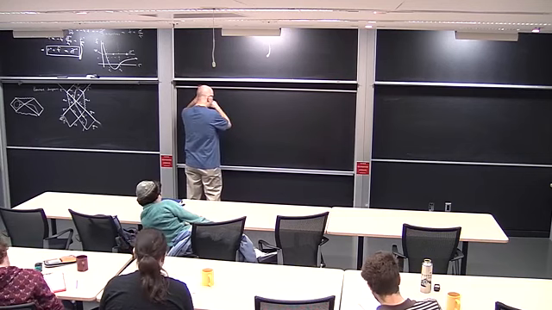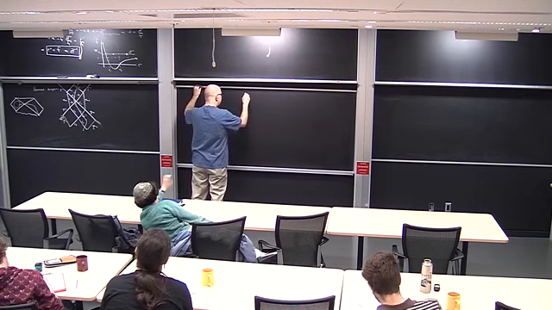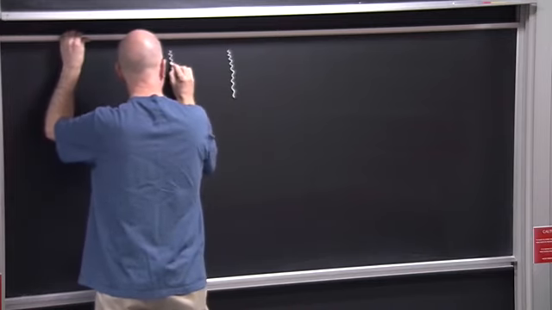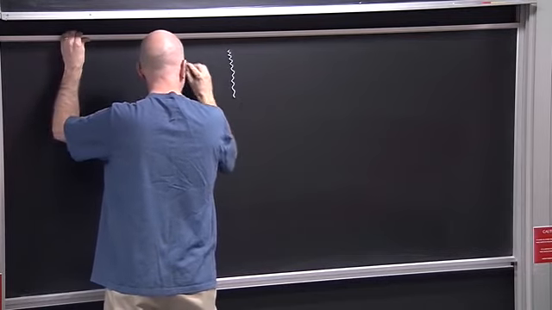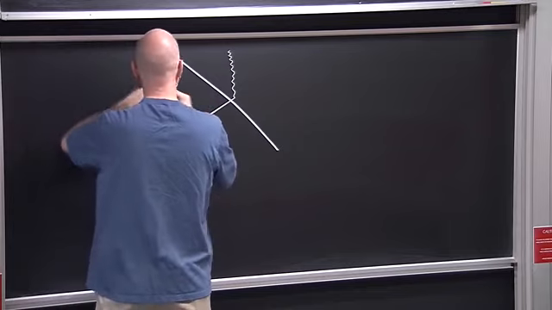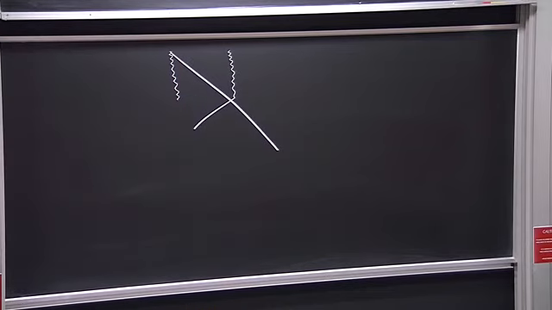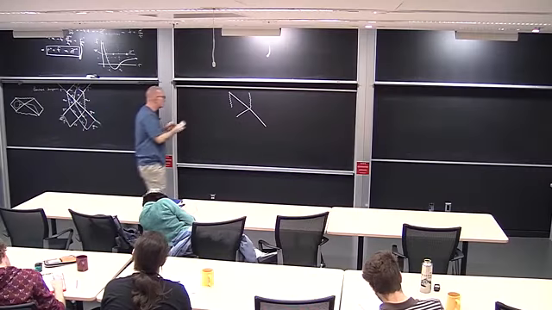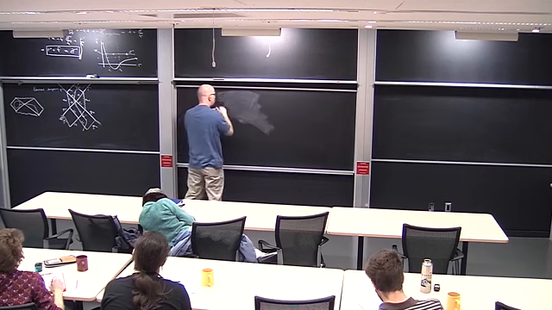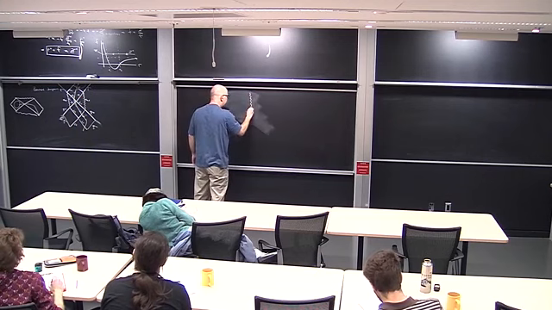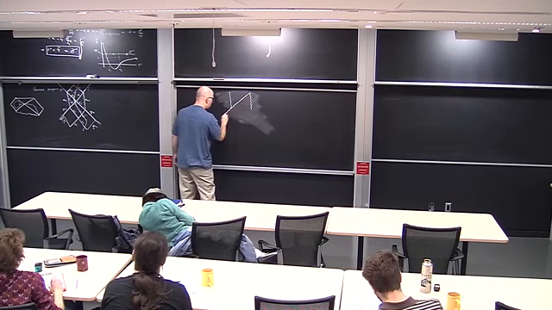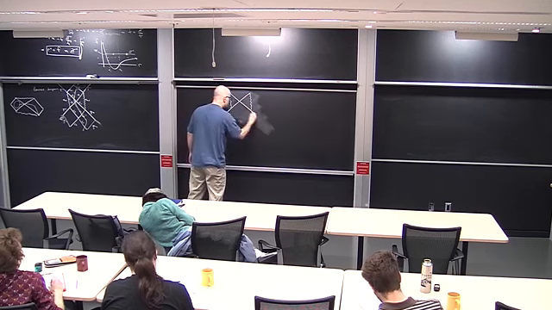So with the star, let me draw the diagram again, but I'll cut it off a little bit earlier here. I'll draw the diagram in its original form, and then I'll put in the star as a second step.